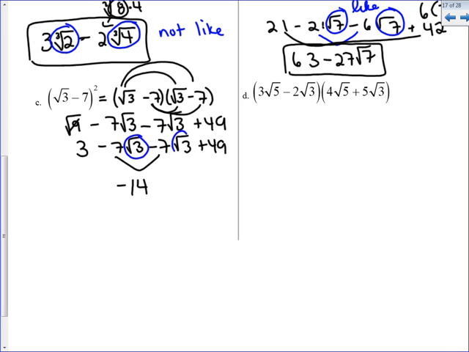So I get the square root of 3, square root of 3. So negative 14 square root of 3. Anything else I can combine? 49 and 3. It's 50. Can I put those two together? No. If one's got a square root and one doesn't, and that square root's completely simplified, we're done.